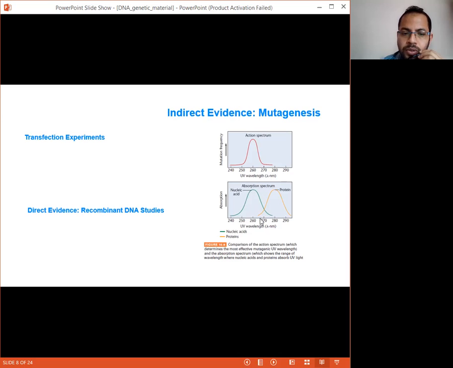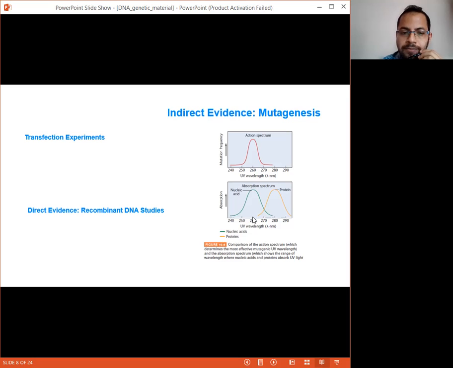And for protein you will find that you need to apply 280 nanometer UV light, not 260. So the bands are different. You'll get different absorption spectra for protein and nucleic acid.